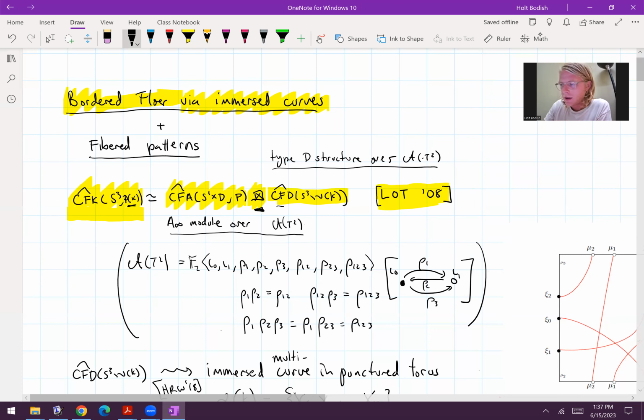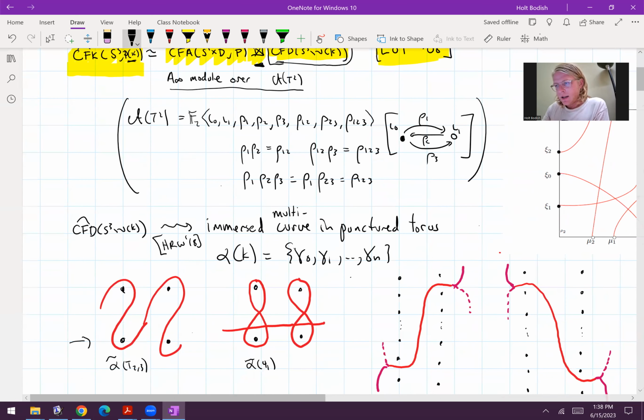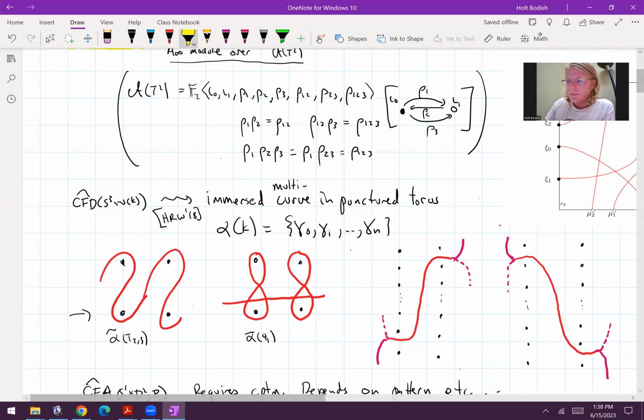First, I want to mention the work of Hanselman, Rasmussen, and Watson in realizing CFD hat as some geometrically defined object. So their work from 2018 says you can take CFD hat of a knot complement, any three manifold with torus boundary actually, and you can construct an immersed multi-curve in the punctured torus.